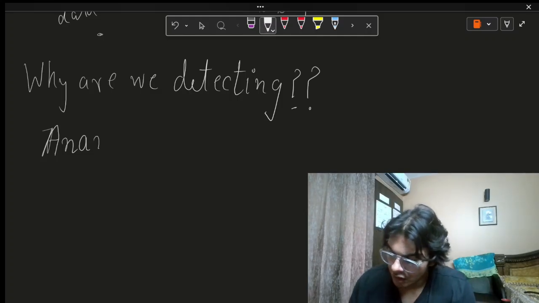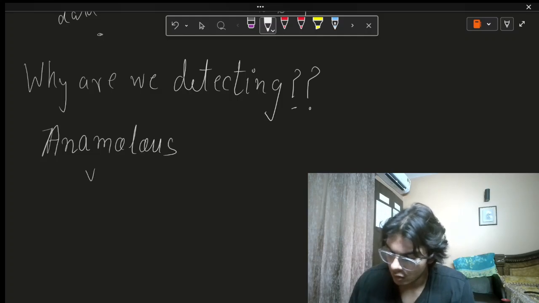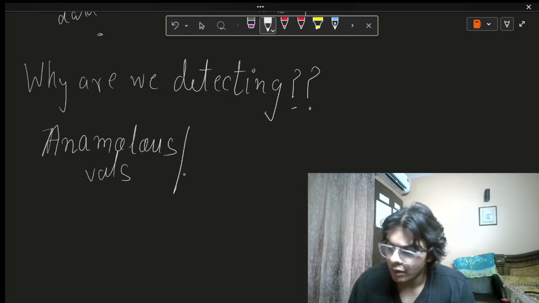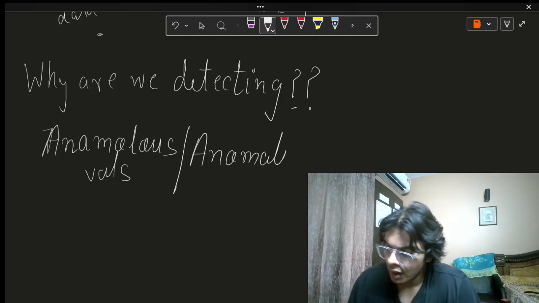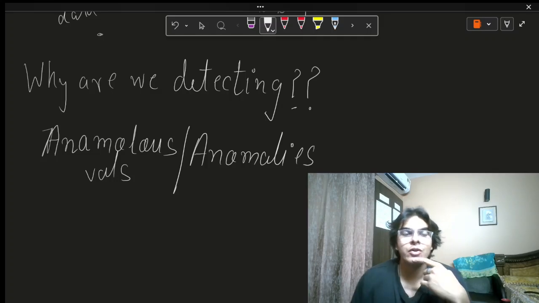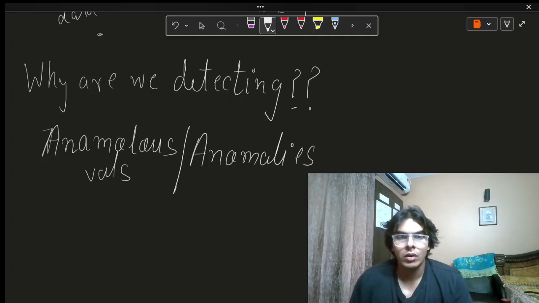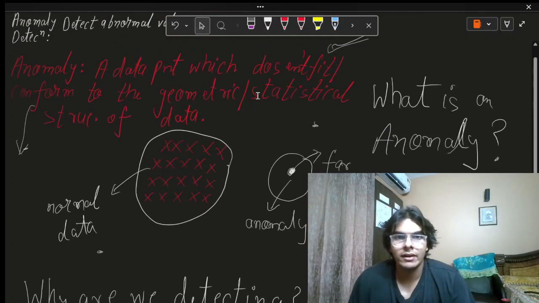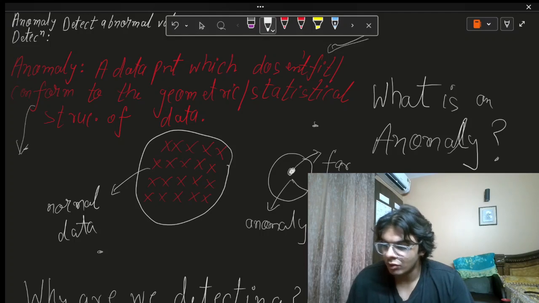Anomalous values or anomalies point towards a problem. Initially we don't know what the problem is, but whenever we see an anomaly, we are usually almost 100% sure that this value, like I showed right here, is not fitting in the data where it is supposed to fit, which means there is a problem.